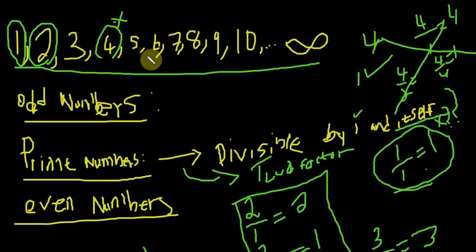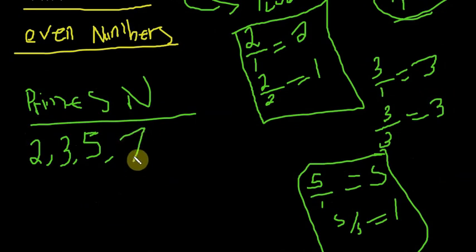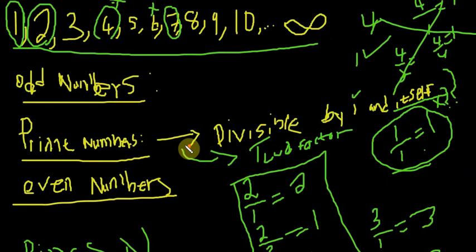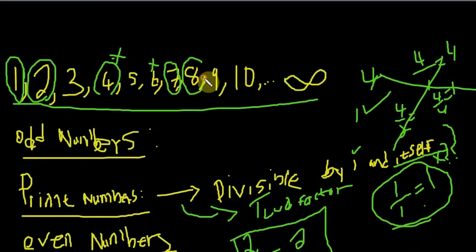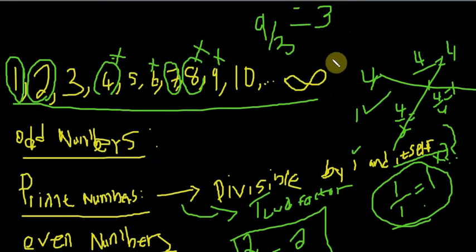What about 6? 6 has 3 as a factor, so already that one is not a prime number. What about 7? 7 is only divisible by 1 and itself. So 7 is a prime number. What about 8? No, 8 is not. 9, no, 9 is not. 9 can be divided by 3 to give us 3. So prime numbers only have 1 and the number itself as factors.